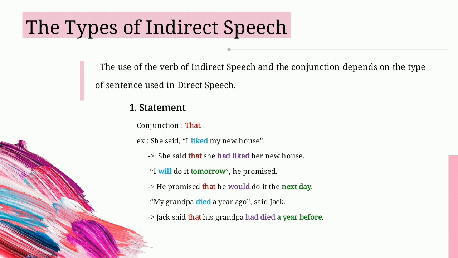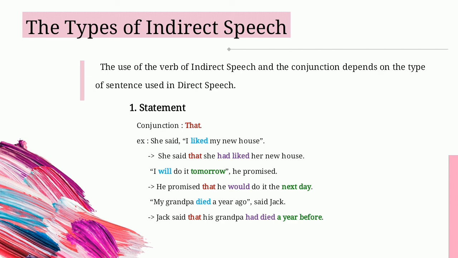Next, "I will do it tomorrow," he promised. In an indirect sentence it became, he promised that he would do it the next day. Next example.